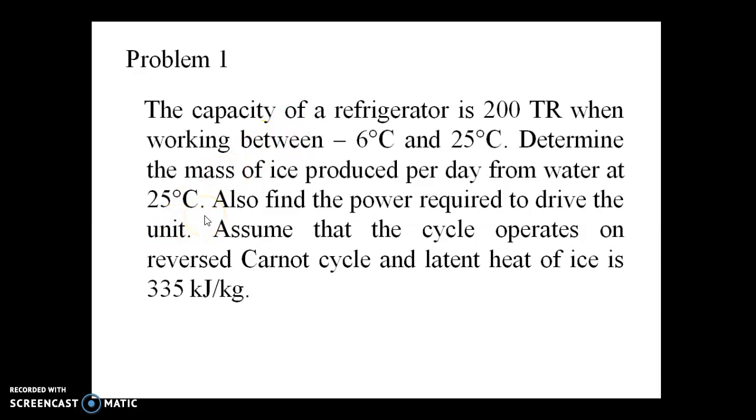Also find the power required to drive the unit. Assume that the cycle operates on reversed Carnot cycle and latent heat of ice is 335 kilojoule per kilogram. So latent heat: this amount of heat must be removed to convert 1 kilogram of water into ice.